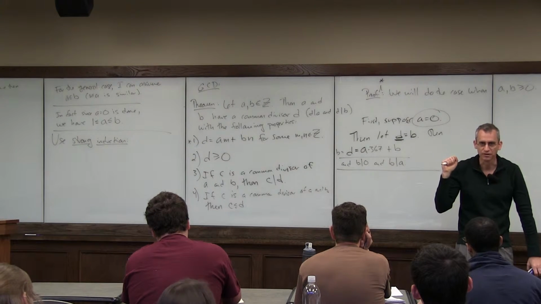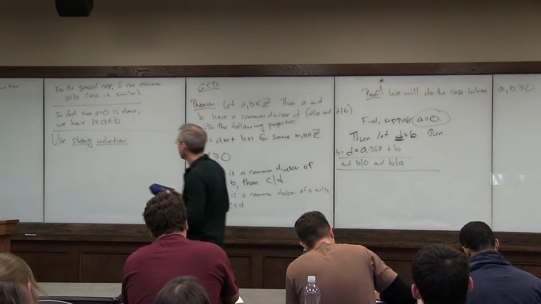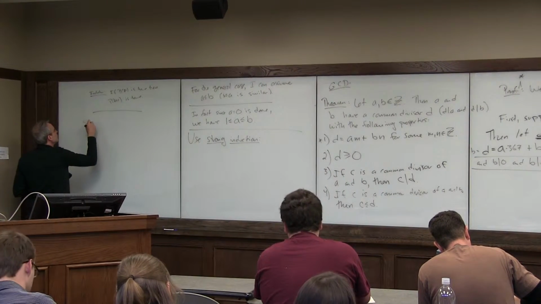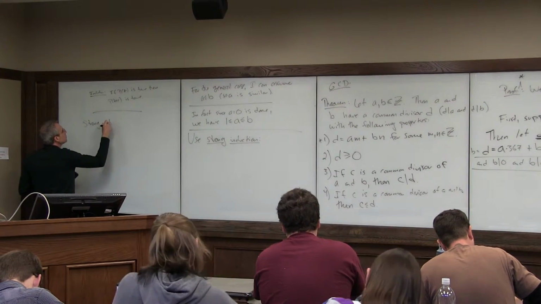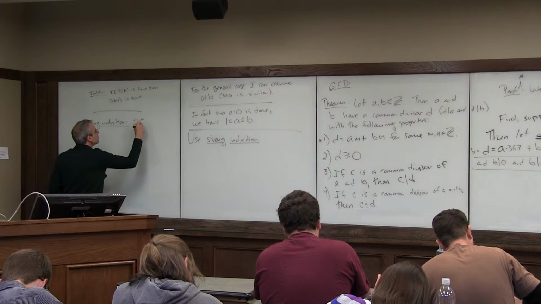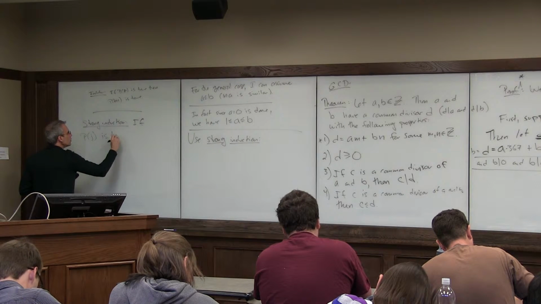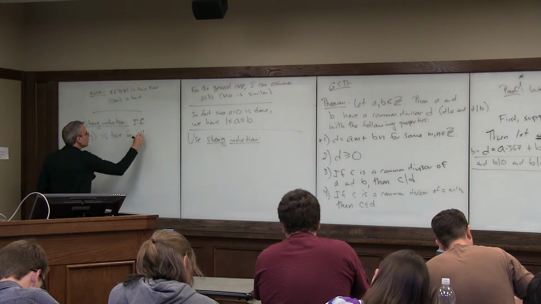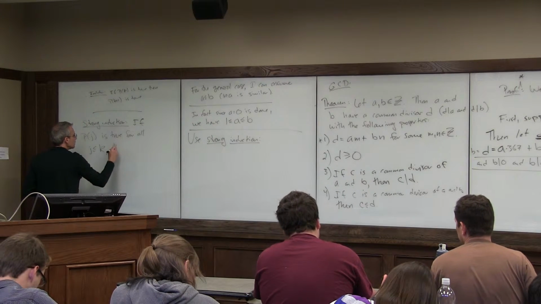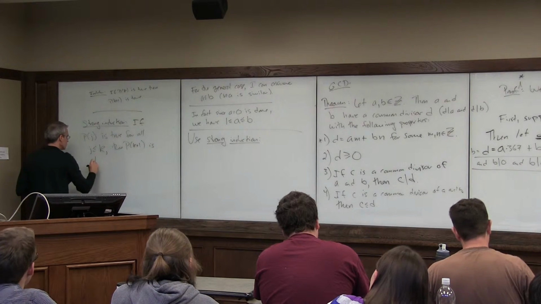Well, I prove it by induction. Okay? So that it's actually equivalent. Okay? So strong induction says that if P of J is true for all J less than or equal to K, then P of K plus 1 is true.